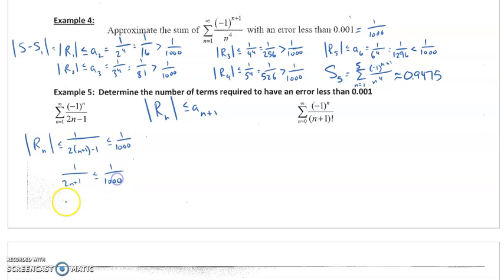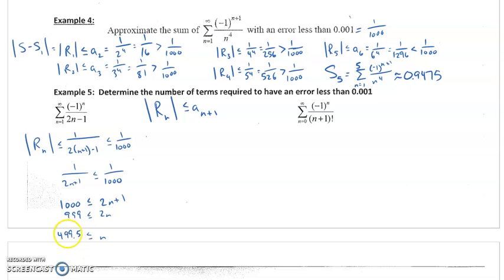I'll multiply both sides of this inequality by 1,000. I'll multiply both sides of this inequality by 2n plus 1. And I'll subtract 1. And I'll divide by 2. And I'll get n is greater than or equal to half of 999, which is 499.5.